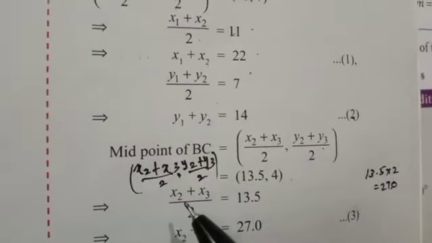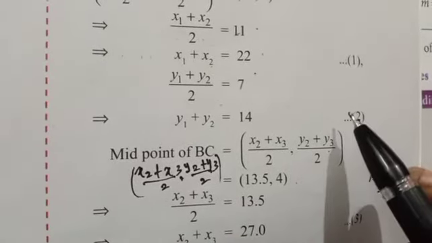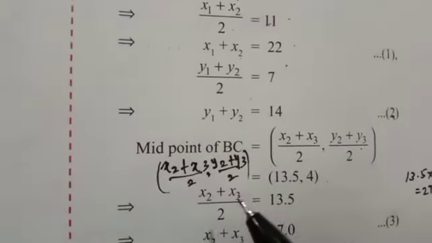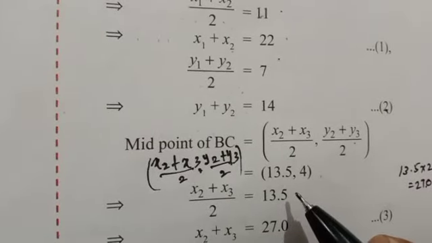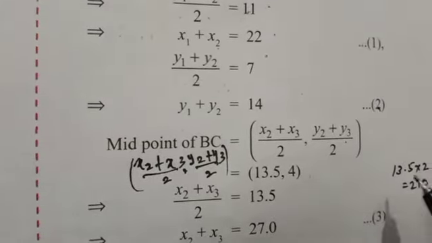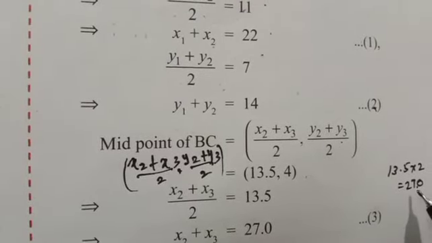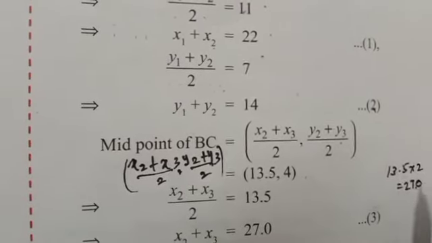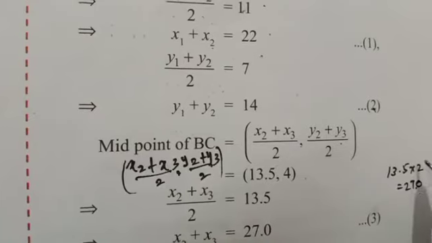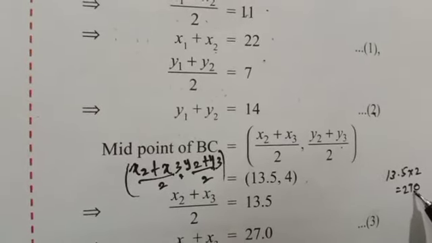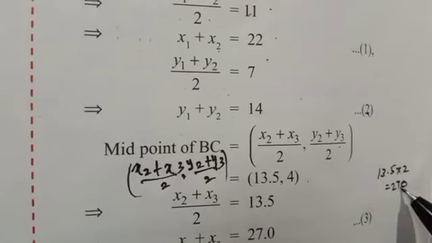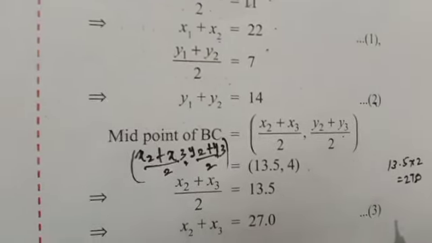Already we found two equations. Now x2 plus x3 is equal to 13.5 into 2, since we transpose the 2 to the right hand side and it becomes multiplication. So 13.5 into 2 is equal to 27. You know this decimal multiplication: do a normal multiplication, then keep the decimal place. That is 27.0, equal to 27.